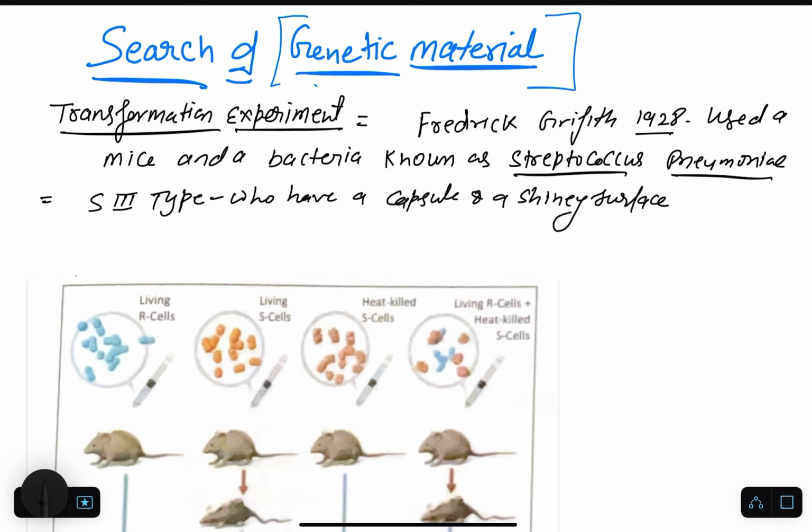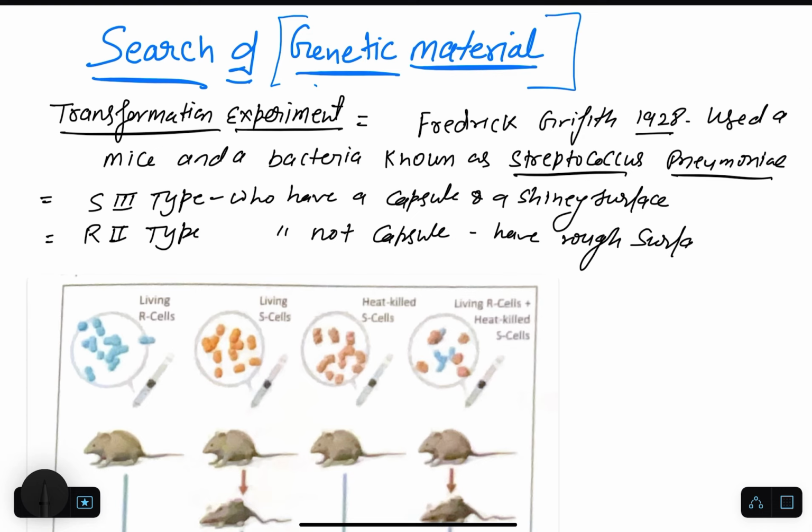And the second strain is known as the R type, which does not have a capsule and has a rough surface.